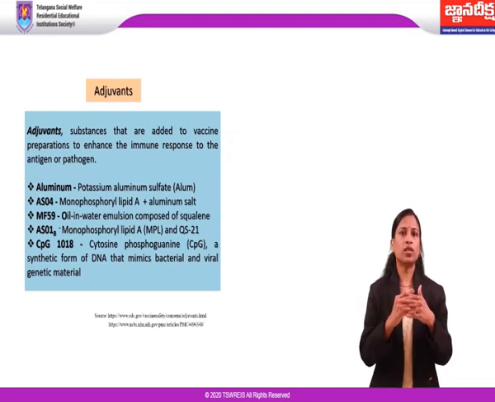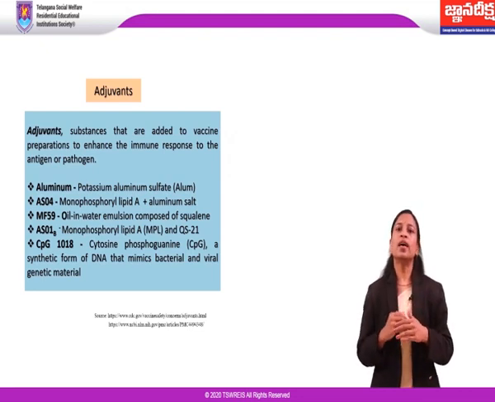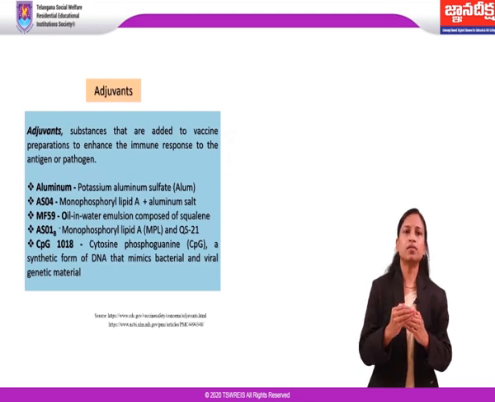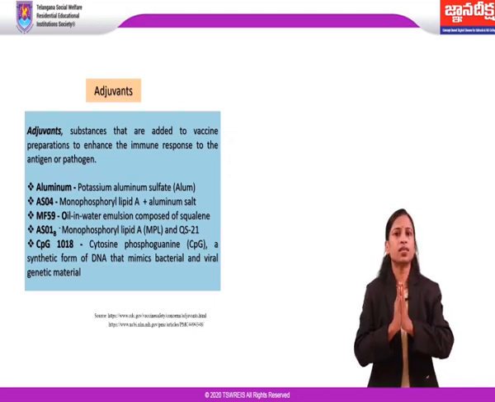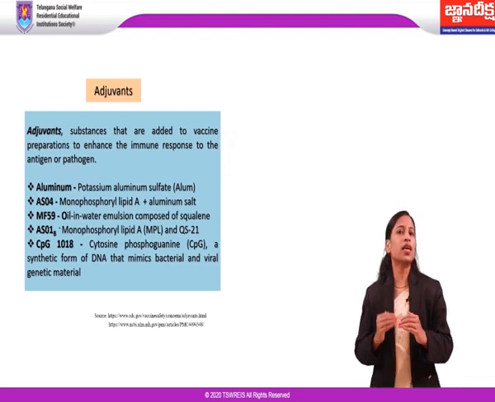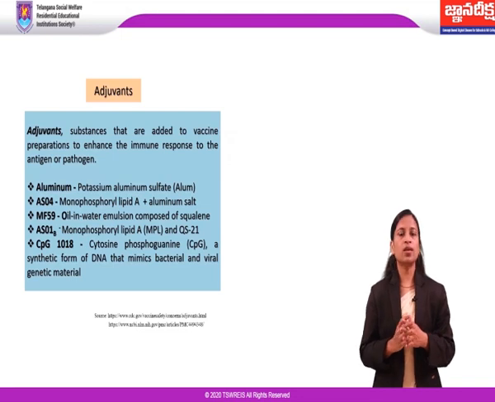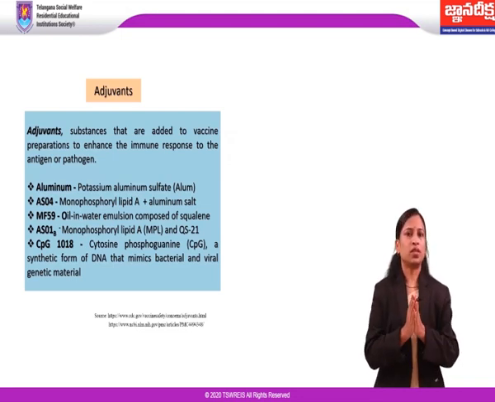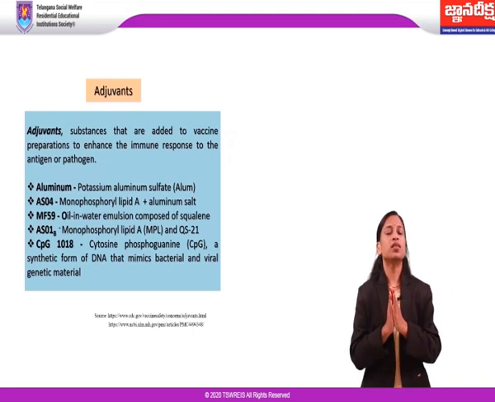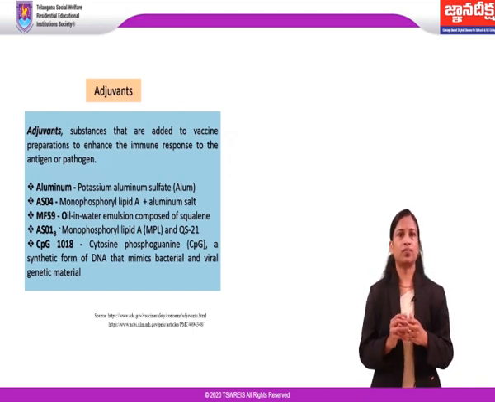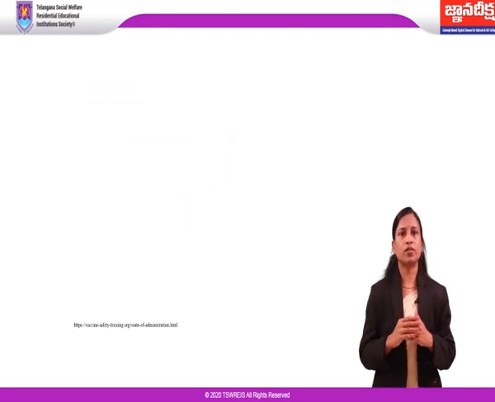The commonly used adjuvant in human vaccines is aluminum salts called alum, and is primarily thought to work by creating slow release and delivery of the immunogen at the injection site, which helps in sustained stimulation of the immune response. Other adjuvants used are AS04, MF59, AS01B and CpG1018.